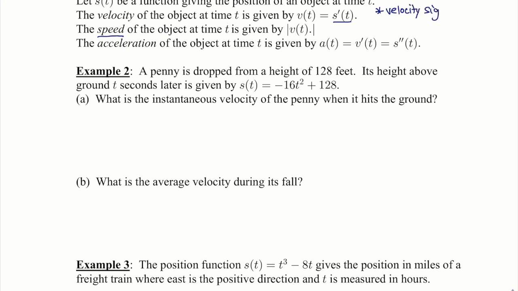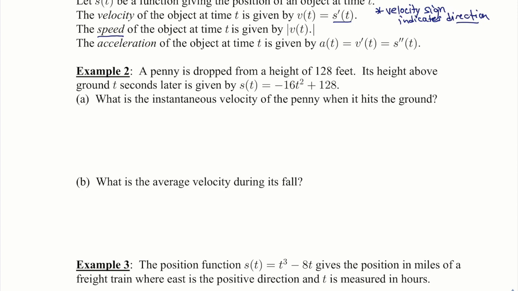The sign of the velocity indicates direction. The speed just tells us the rate of motion, not the direction. And acceleration is the rate of change of velocity, so the derivative of velocity, which then would be the second derivative of position.